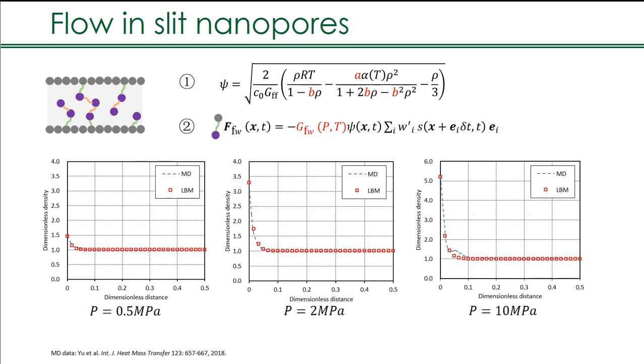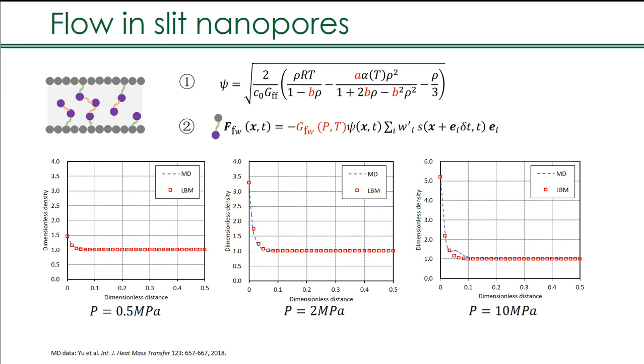So following this, we build up a workflow to tune the free parameters in LBM and match the reference MD results in slit nanopores. First, we find the constants A and B for the scenarios of interest with the fixed lattice length, and we ensure that this set of constants is able to handle the desired simulation pressure.